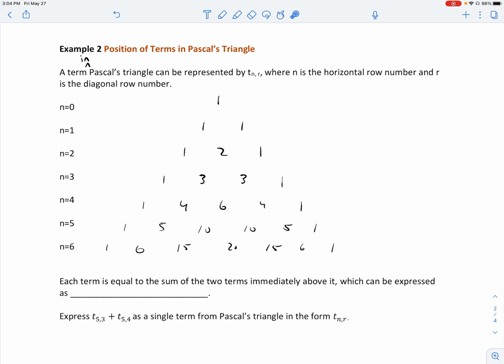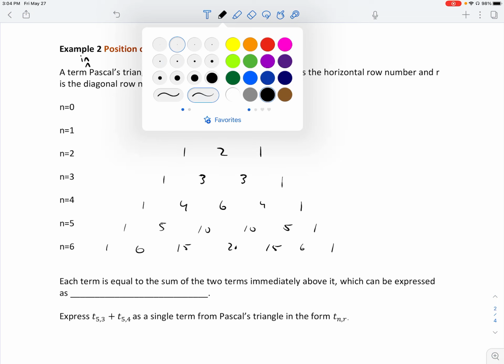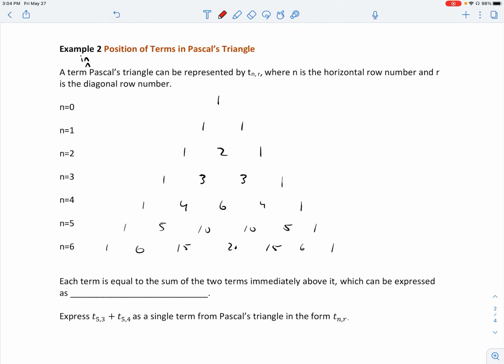So another way to represent the elements that are inside this pattern, we not only need the row number, but we also need to know what diagonal we're referring to. So those are numbered also, and we use the letter r to represent the diagonal. So r 0 would be this one right here.